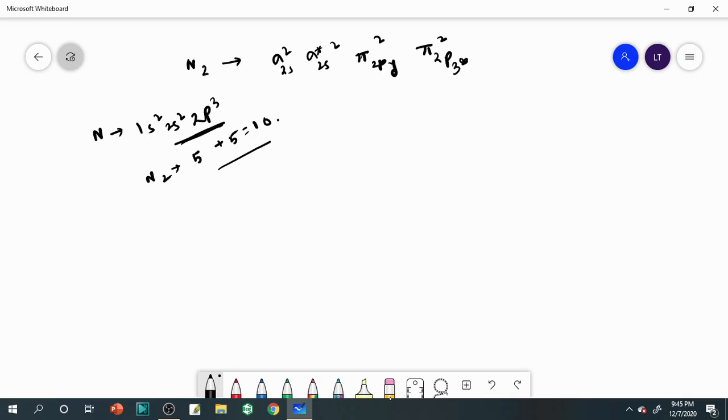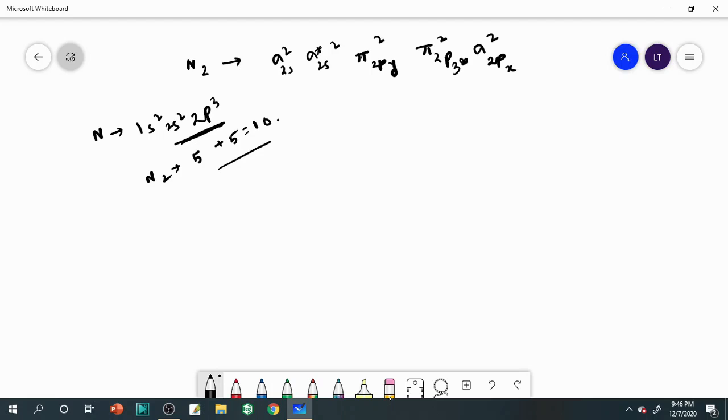And the next 2 electrons will go to the next higher energy level molecular orbital, that is the sigma 2p, above the pi 2py, pi 2pz, and this will obviously be 2px, and so it will be doubly occupied, and the electronic configuration will be just like this.